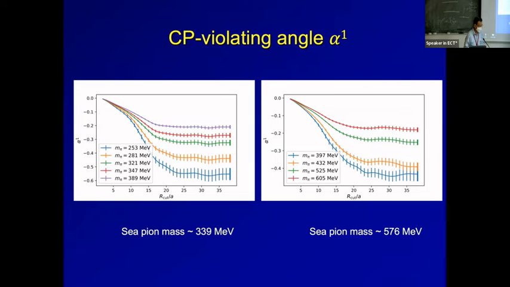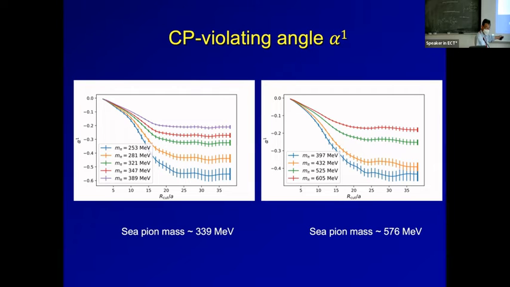In both plots, the heaviest mass is the smallest value. If you fix the C mass, the smaller valence mass gives you a larger absolute value.